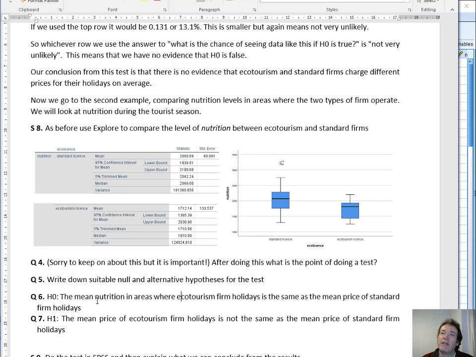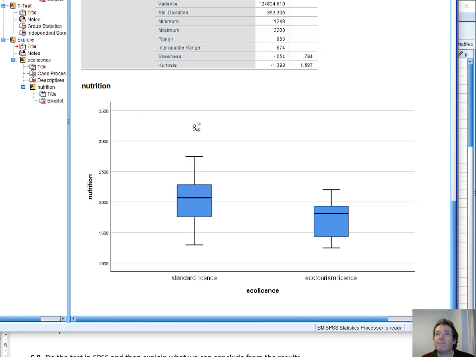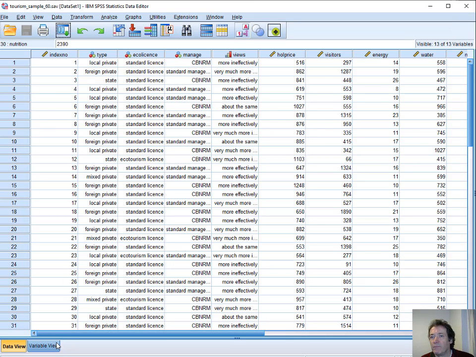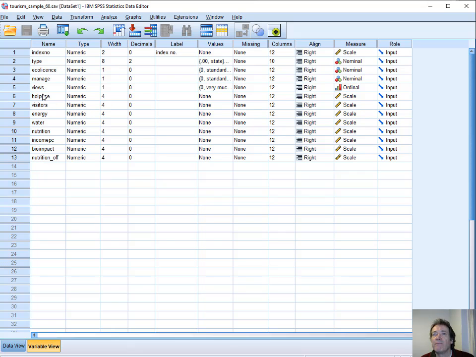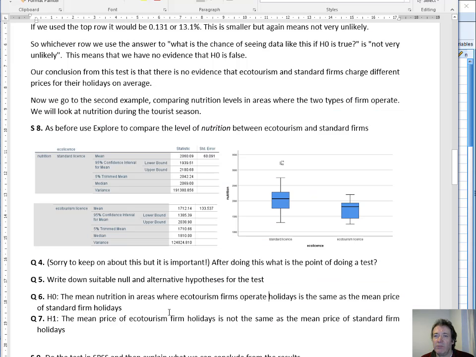So the mean nutrition in areas where ecotourism firms operate. What's the definition there? You could put, because there's also nutrition outside the holiday season, so you should put the full details in.